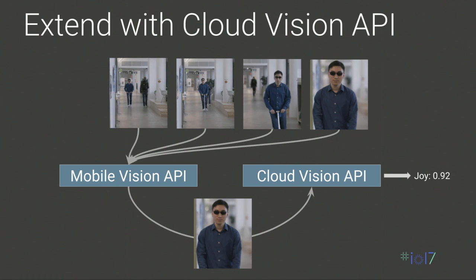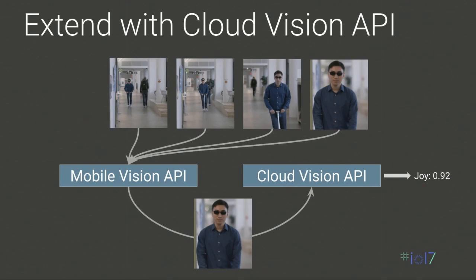So if you want to detect the emotion of a person inside the video, you can combine the Mobile Vision API and the Cloud Vision API together, and use the Mobile Vision API as a coarse detector or preprocessor, running on every single frame to detect if there is a face inside the frame or not, or to detect if the face is large enough for the Cloud Vision API to do emotion detection.